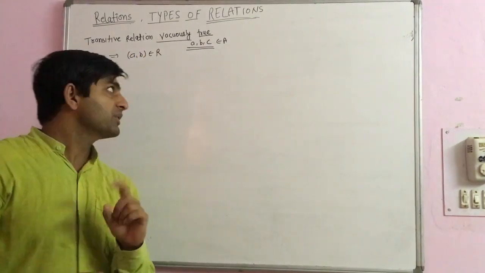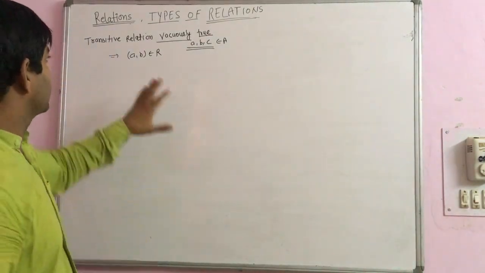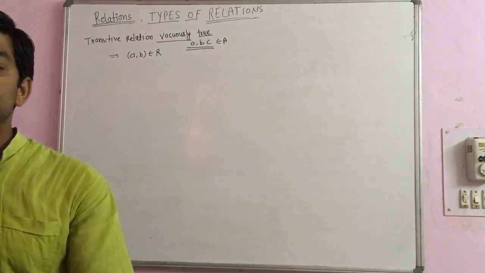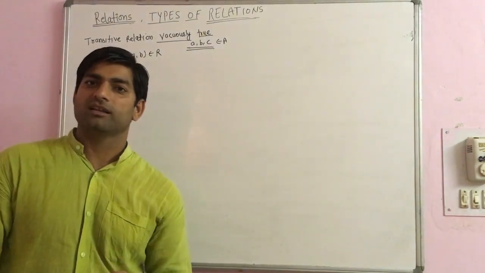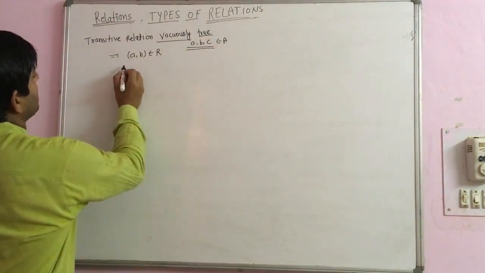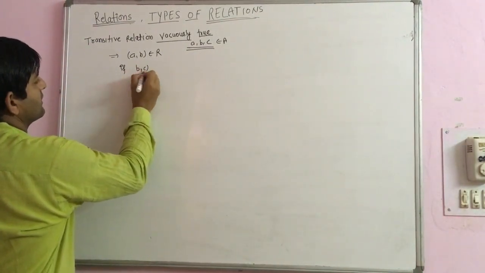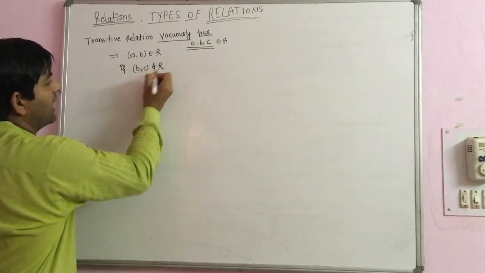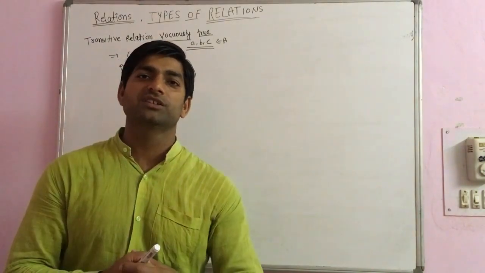Now, coming to the very important topic, is it always possible that another pair BC is in R? Is it always possible? If BC is not in R, because what is the condition for transitive relation?